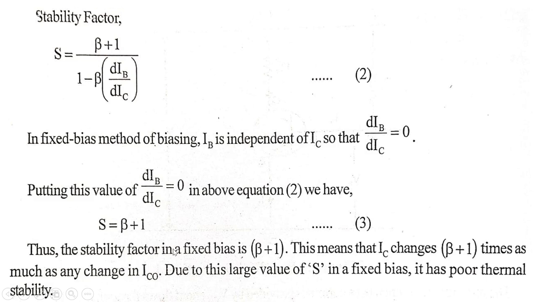Thus, the stability factor in a fixed bias is beta plus 1. This means that IC changes beta plus 1 times as much as any change in ICO. Due to this large value of S, a fixed bias has poor thermal stability.